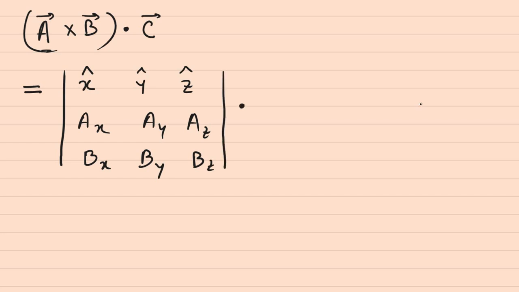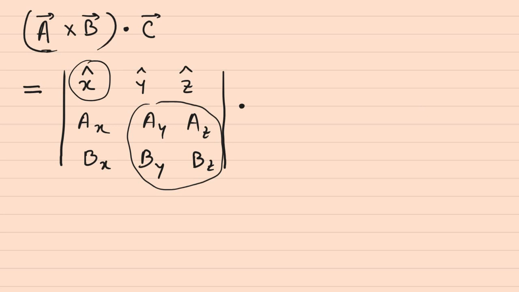If we take the dot product with C, so this is going to be a vector A cross B. The coefficient of x hat is going to be this small determinant, and then, in the usual rule, the coefficient of y hat, and z hat comes in the natural cyclic permutation order.